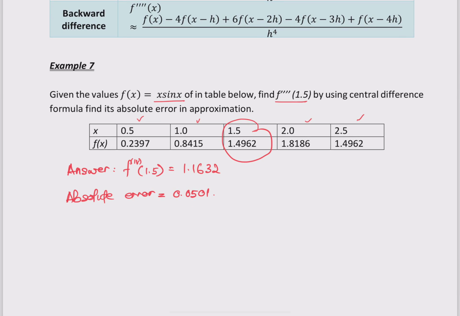Okay, so we have done our chapter 4. This is a very short, very small chapter about numerical differentiation. I leave example 7 here, maybe for you to do. No need to do the exercise, because this is just a simple one.